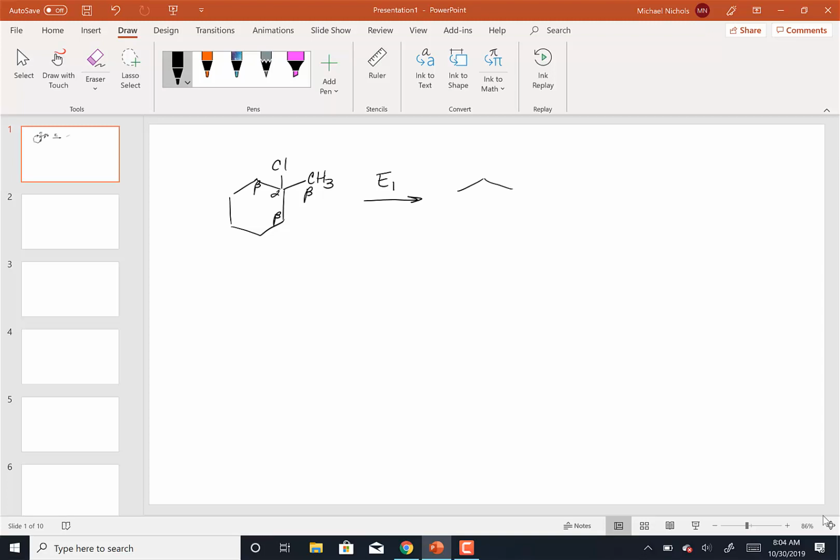So that means I would have the double bond to, let's say, beta carbon A, beta carbon B, and beta carbon C. So this would be product A. And then the double bond outside the ring to the CH2 would be product B. And then having the double bond down would be product C.